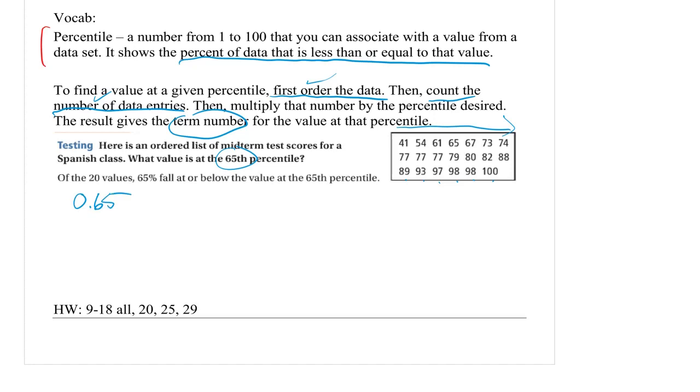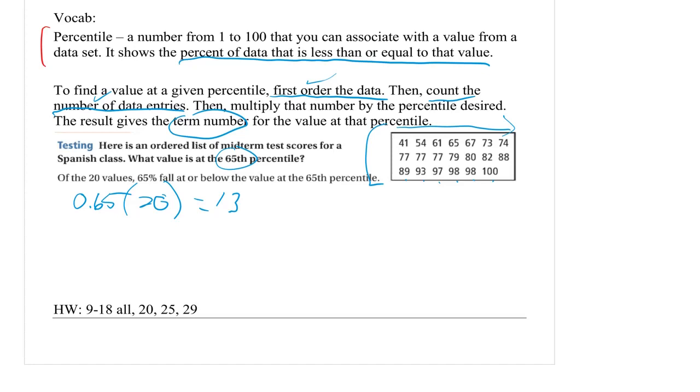So the percent times the number of data entries, which was 20. When you do that on your calculator, you get 13. So that means that in our ordered list of data, the 13th one in order from least to greatest will give you the 65th percentile.